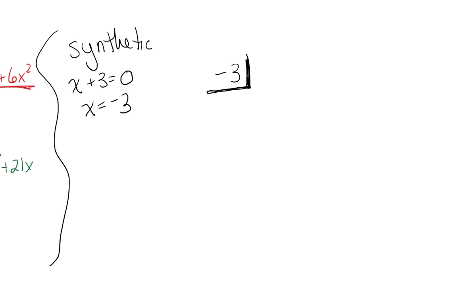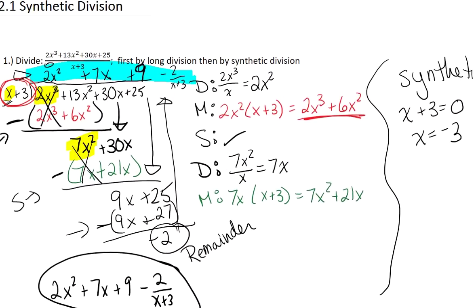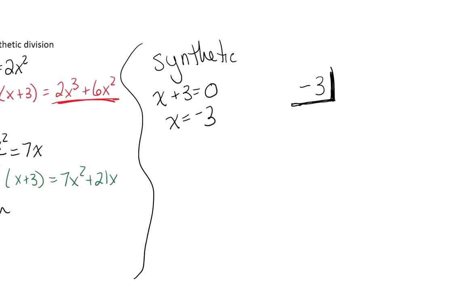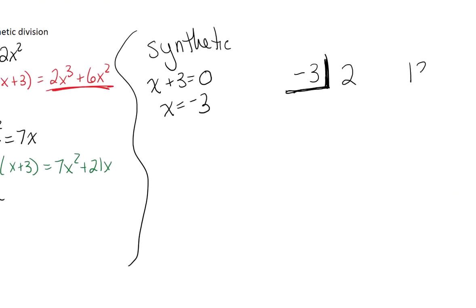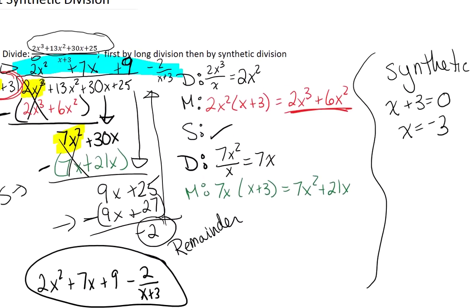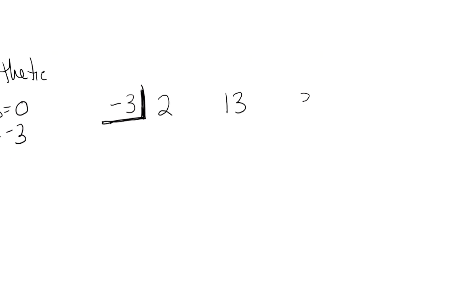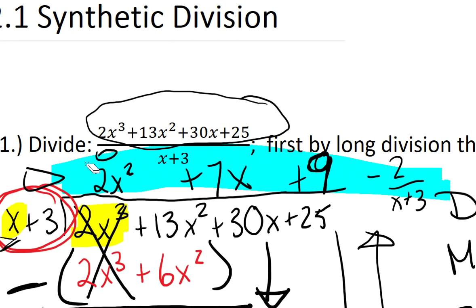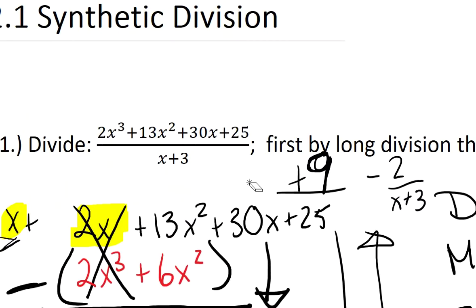And then what I'm going to do is take all the coefficients from my problem in the numerator. So I'm going to take 2, 13, 30, and 25. And again, these came from the original problem right here, and it came from all the coefficients.